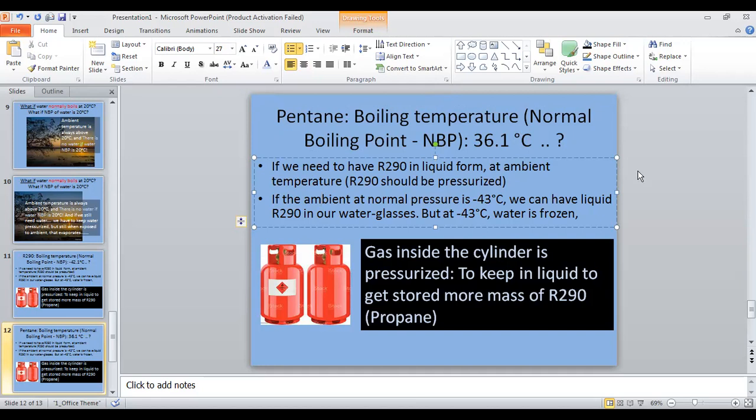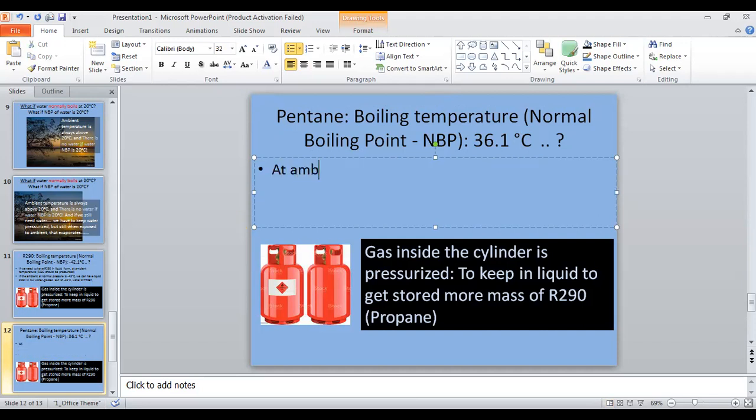It is in vapor. So around ambient conditions, you can see that at ambient, certain volatility is there.